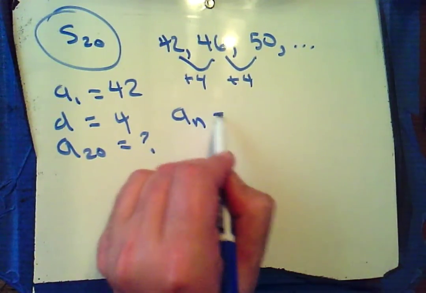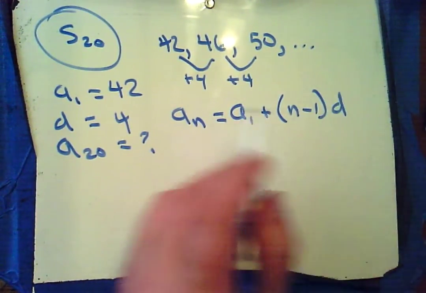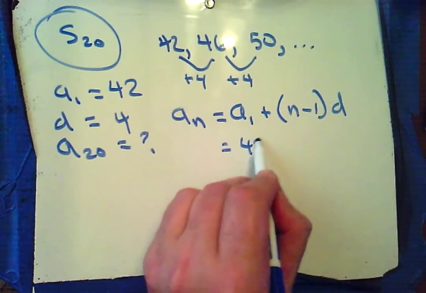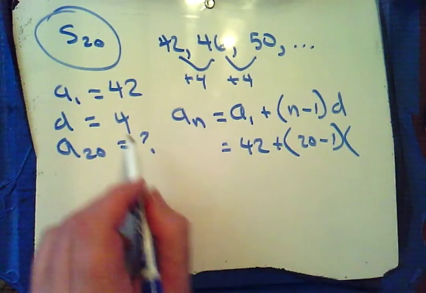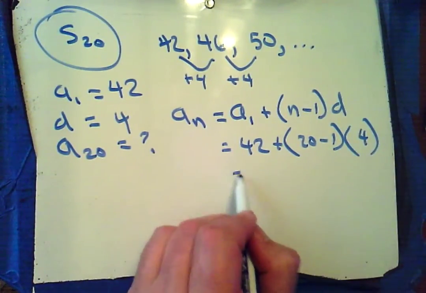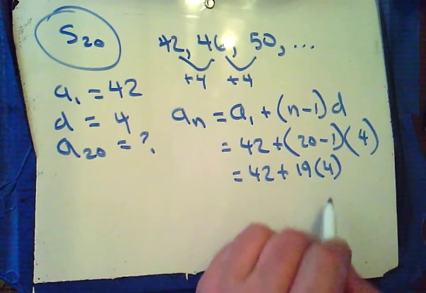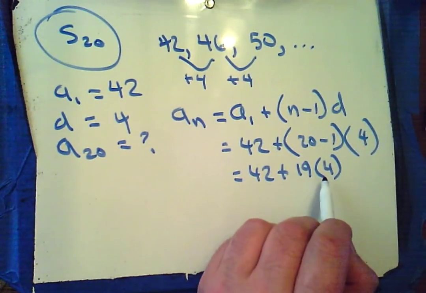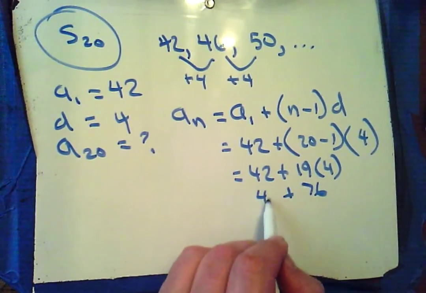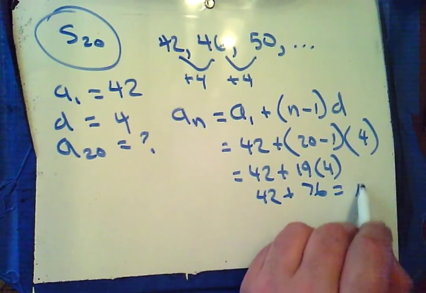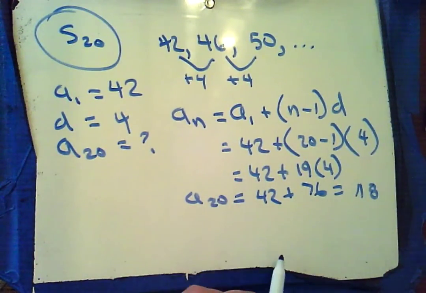I know a sub n equals a sub 1 plus n minus 1 times d, or 42 plus 20 minus 1 times 4, which is 42 plus 19 times 4. Well, 19 times 2 is 38, and 38 times 2 is 76, plus 42 is 118, is a sub 20.